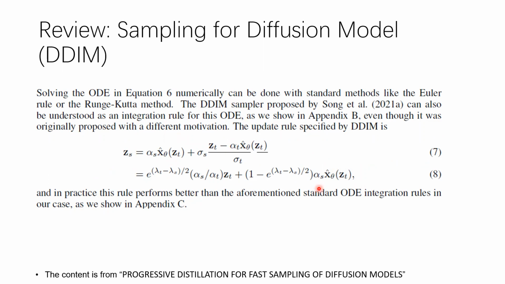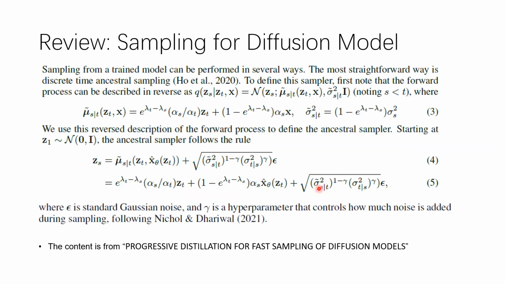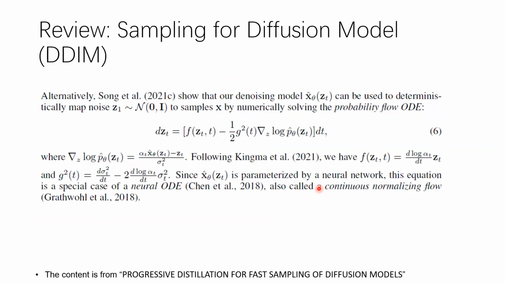The important thing is that this DDIM sampler provides a deterministic mapping from a noise z to a sample x. So it's a one-to-one mapping. That's the difference between this DDIM sampler and the previous discrete time ancestral sampling.